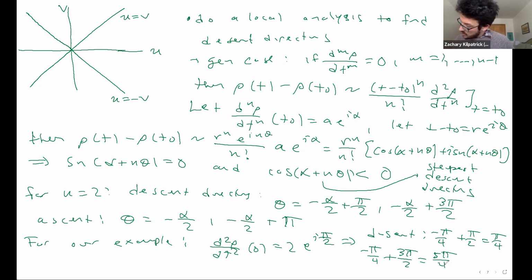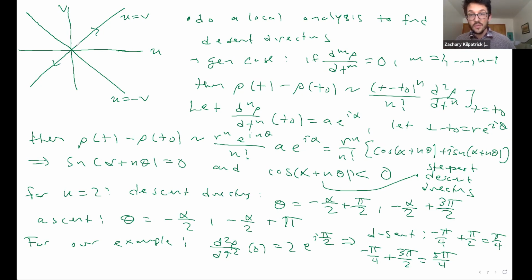So this is the pi over 4 direction. This is my 5 pi over 4 direction. So this is going to be our steepest descent direction for this particular problem.